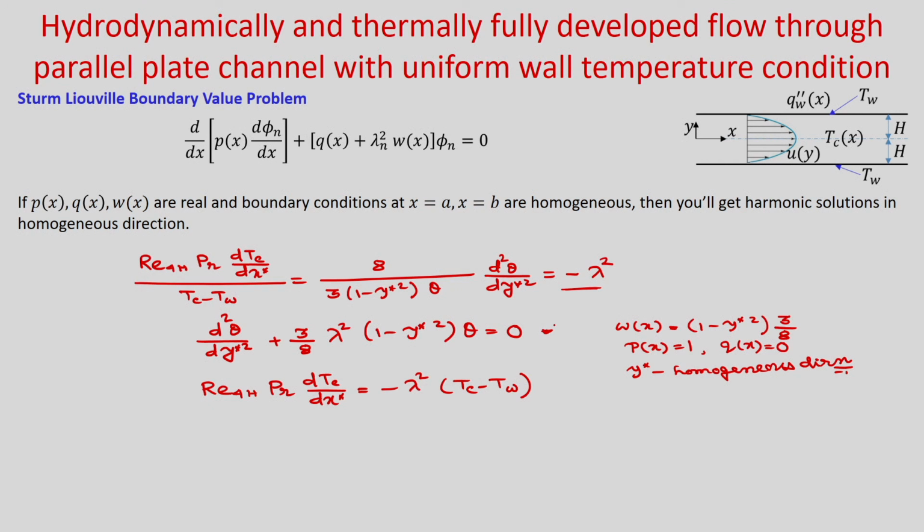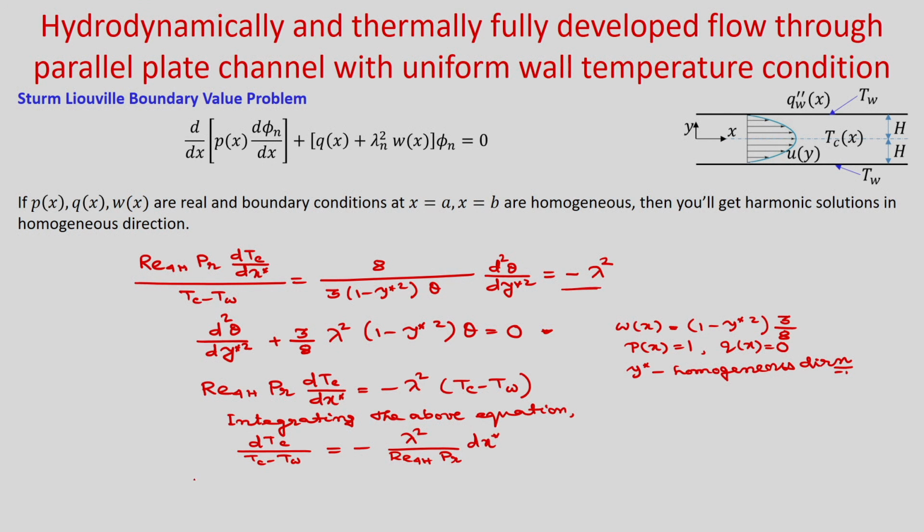Now, for this equation, if you integrate, what will you get? You can write dTc divided by Tc minus Tw is equal to minus lambda square divided by Reynolds number into Prandtl number, dx star.